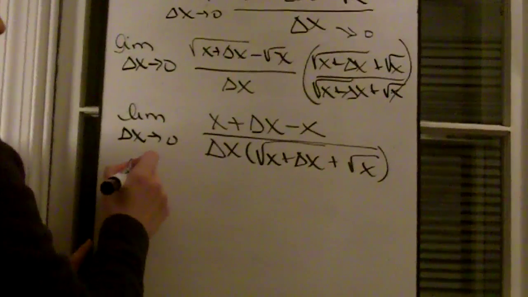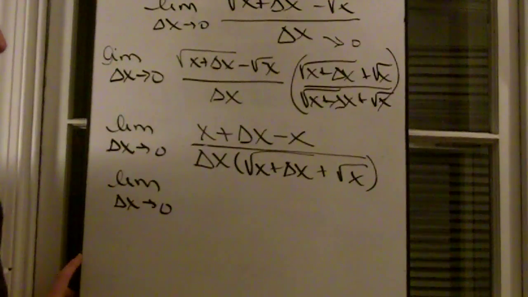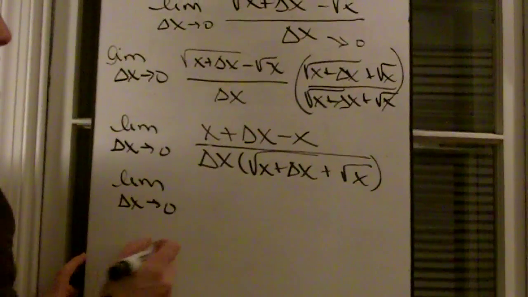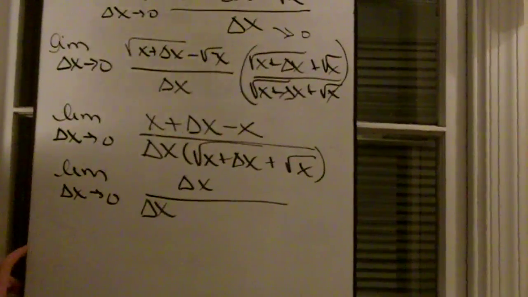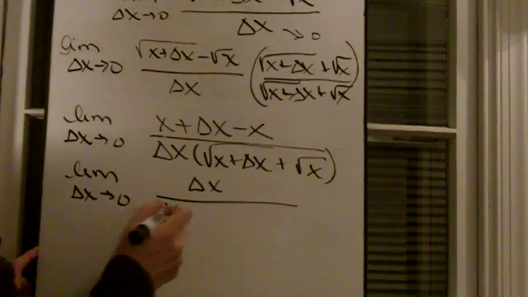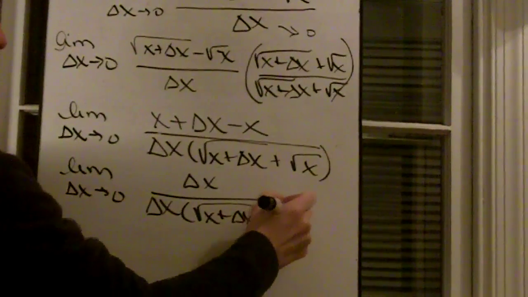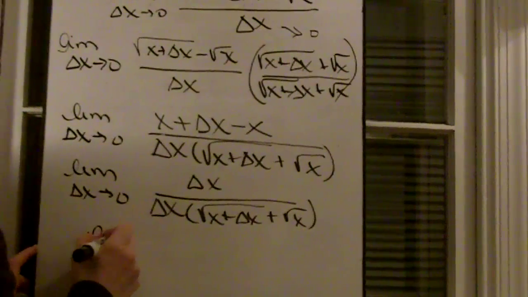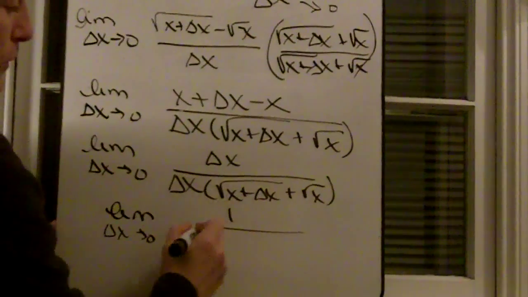That means that the numerator simplifies all the way to delta x, because x minus x is 0. And that delta x and the denominator's delta x will be able to divide out. And so I will be left with 1 over this square root.